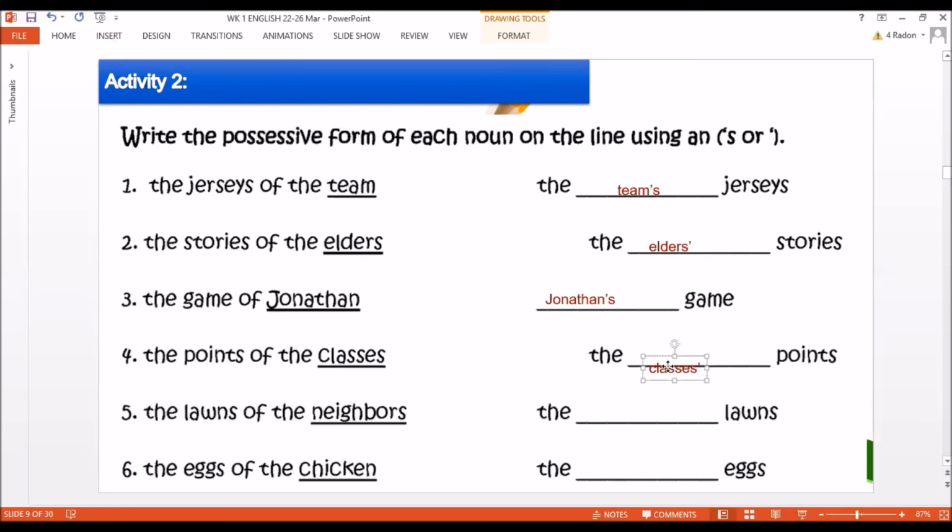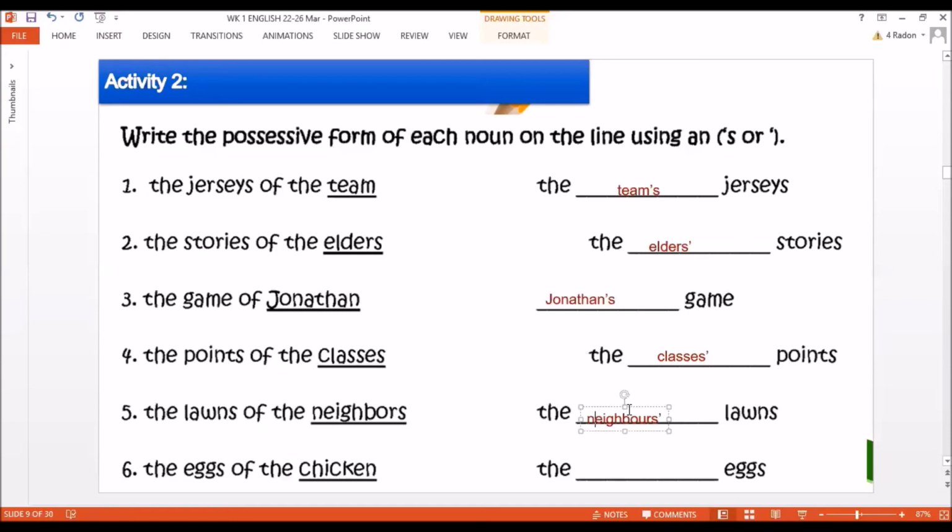And then the lawns of the neighbors. Whose lawns? Who owns the lawns? The neighbors. So neighbors, it ends in S. So we just need to write apostrophe. Neighbors apostrophe.